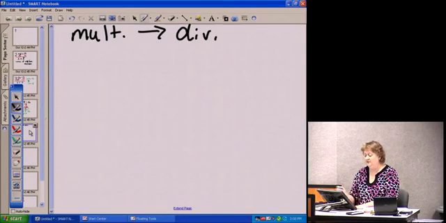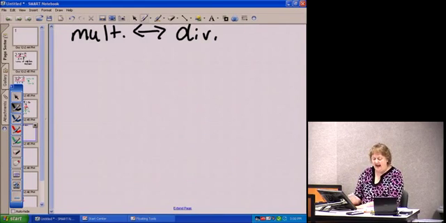One will undo the other in either direction. If something's been multiplied, we want to divide by that number to undo it. If something's been divided, we want to multiply to undo it.